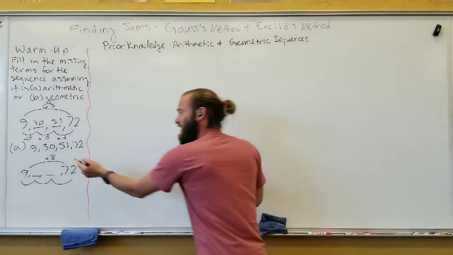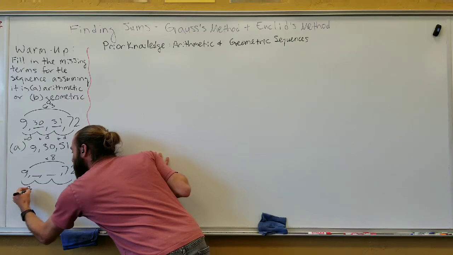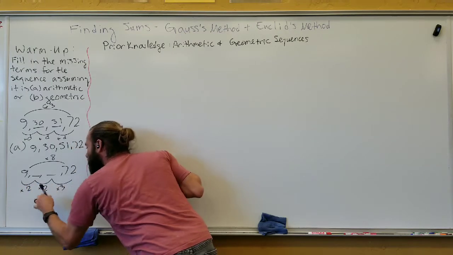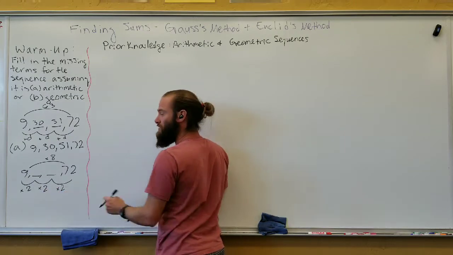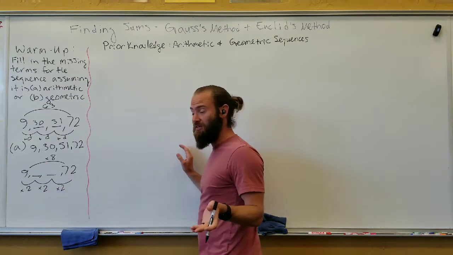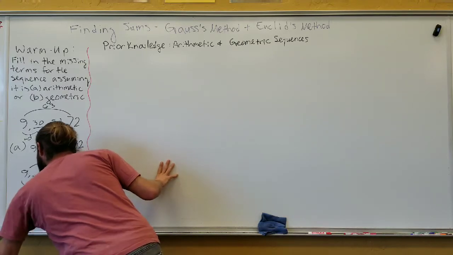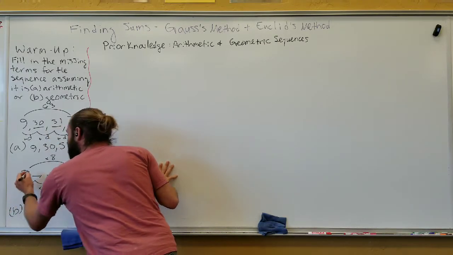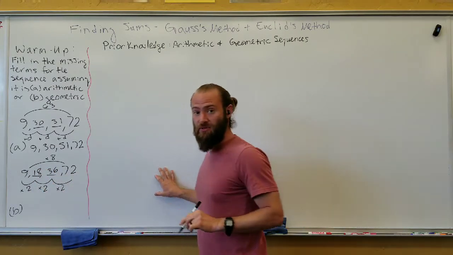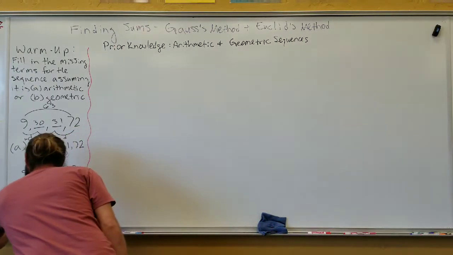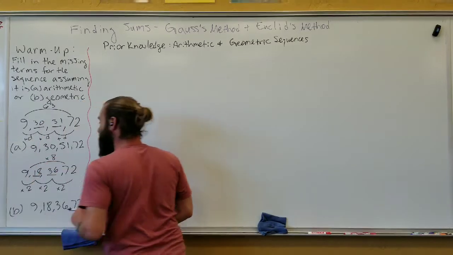So the cubed root of 8, in this case it turns out to be nice, is going to be 2. 3 2's multiplied make one single 8. So we can kind of figure that out, and we get that 9 times 2 is 18, and that times 2 is 36, and sure enough 36 times 2 is 72. And so my answer is 9, 18, 36, 72 for the geometric.